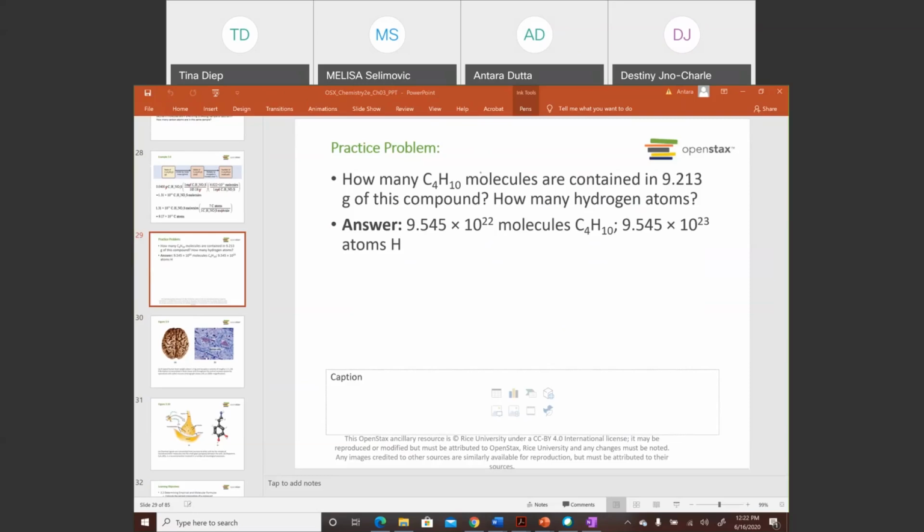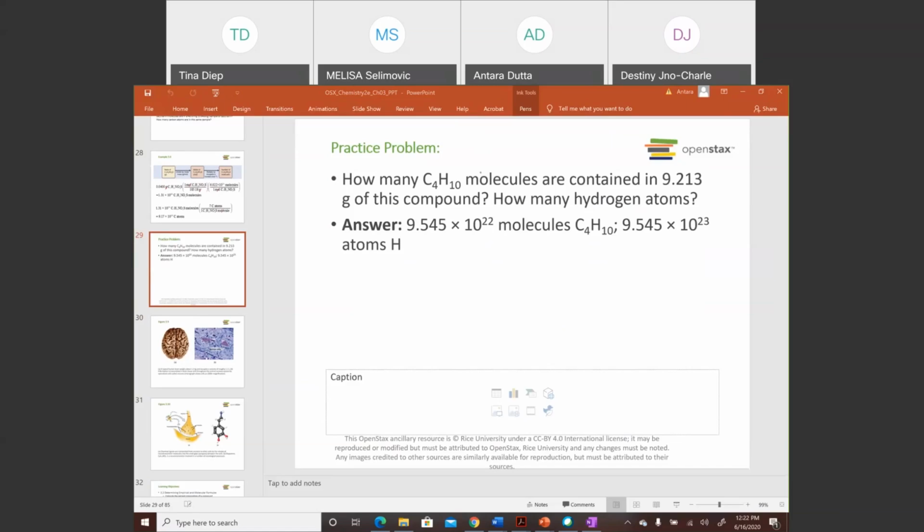So what did you get? 9.213 divided by 58.08. I got 0.158 moles. Me too.